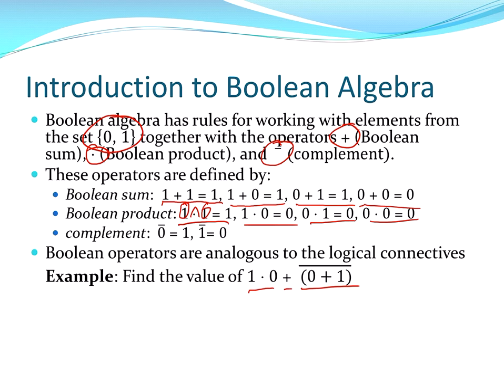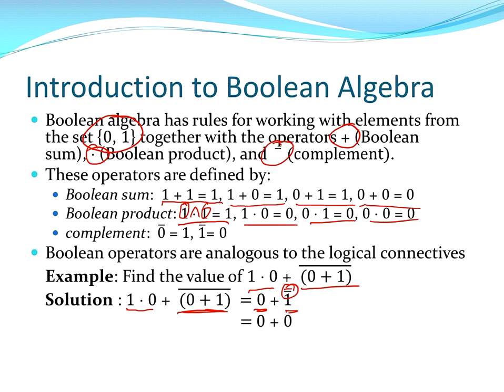So let's take the parenthetic one first. 1 times 0 gives us a 0, and 0 plus 1 gives us a 1, but it has a complement there. It's kind of covered up by my markings. And the complement will give us 0 plus 0, and 0 plus 0 is, of course, 0. Okay.